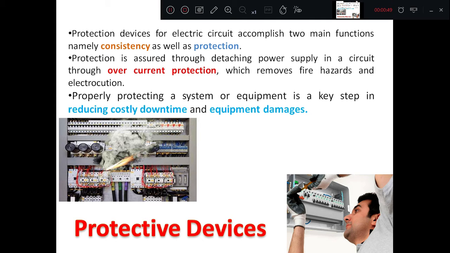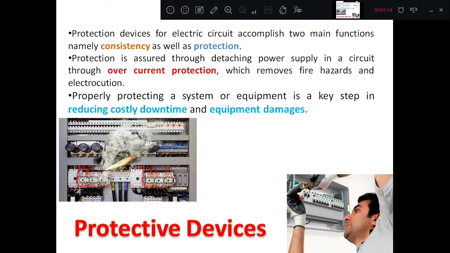First we'll see what we mean by the protective devices. The protective devices for electrical circuits have two main functions. One is called consistency, and the second one is protection. Consistency means you have to give a reliable electrical supply to the consumers without interruption.